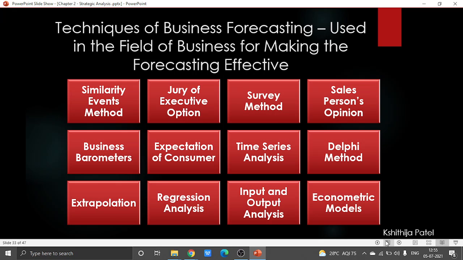We have the Delphi method, where we take into consideration the opinion of experts. Here the difference is that the experts shall not be disclosed to one another. This Delphi method was developed in Rand Corporation initially in 1969 to focus on military events. Then it has been applied to other areas.